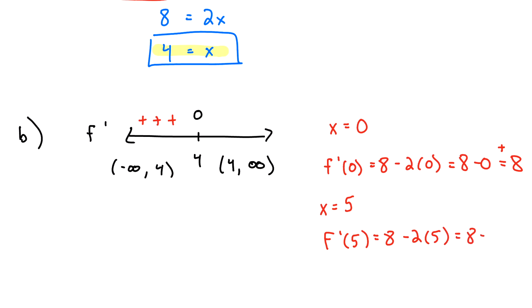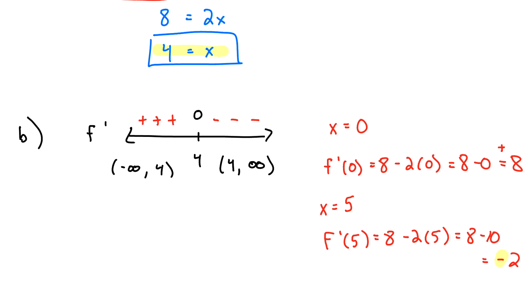Here we've got 8 minus 10, and then when I subtract those two, I end up with a negative 2. So that means on the right-hand side of 4, I'm going to have a negative value. So I'm going to put some minus signs on that right-hand side of 4 to help me remember, oh, the first derivative was negative on the right-hand side of 4.